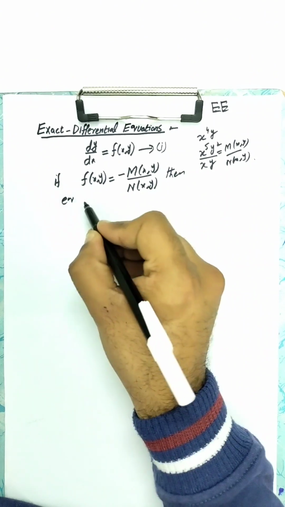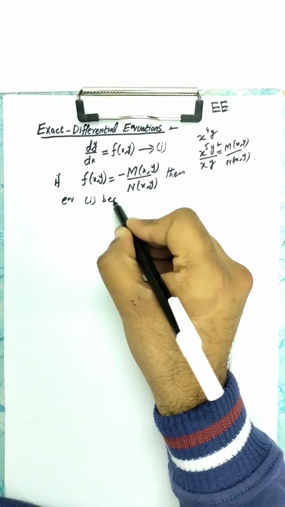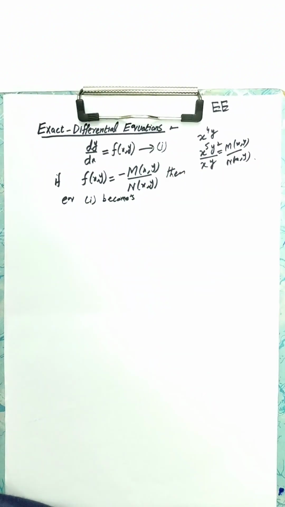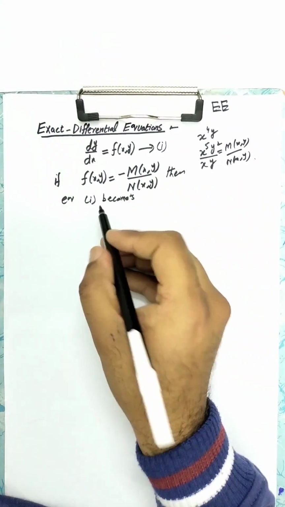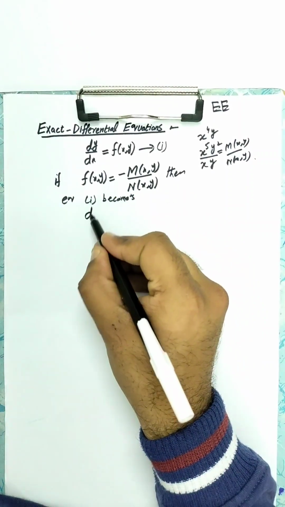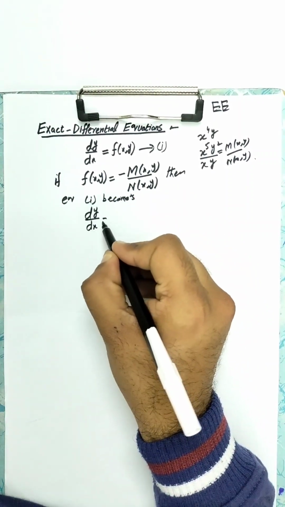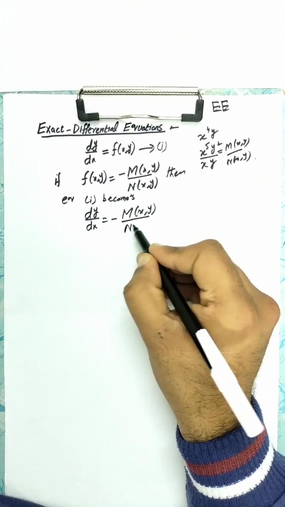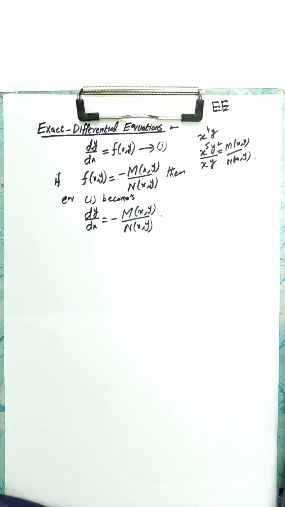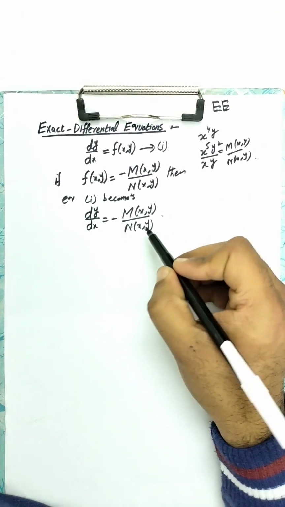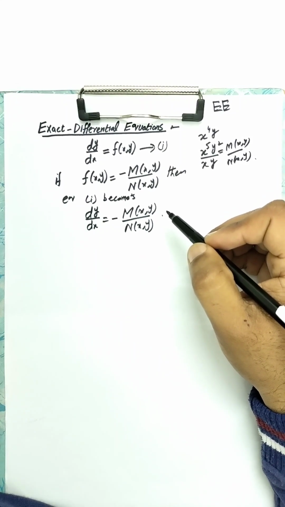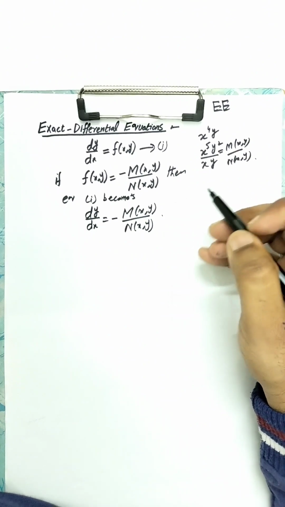Then equation 1 becomes, substituting this function in here, dy by dx is equal to minus M of xy over N of xy. So we write this explicit form in the differential form. We convert this form into differential form.